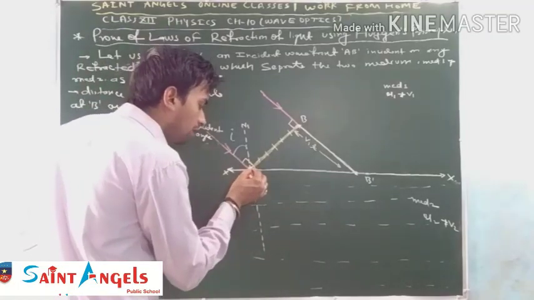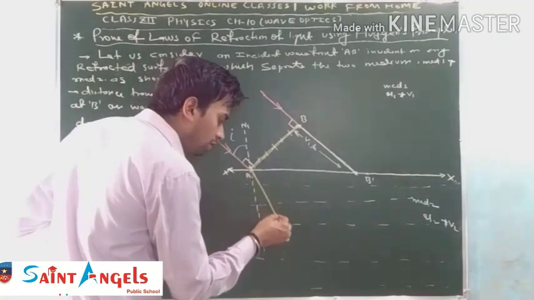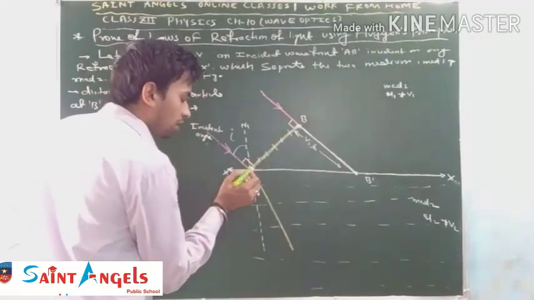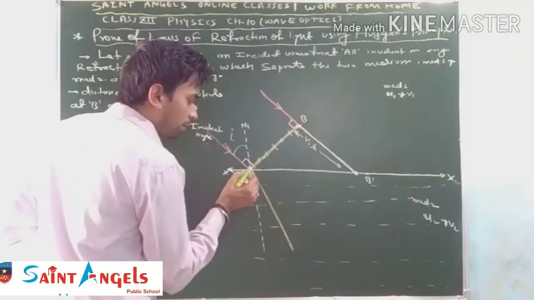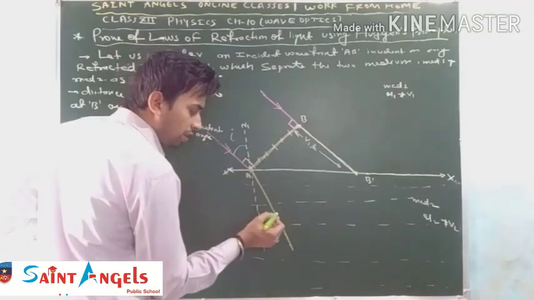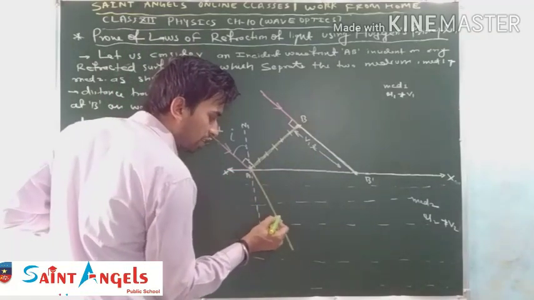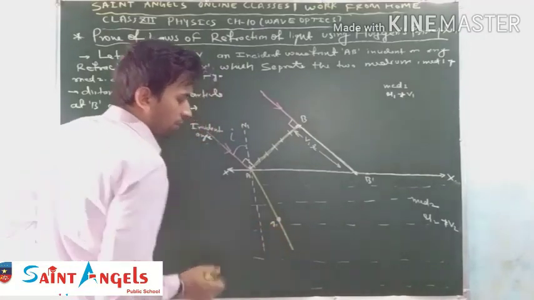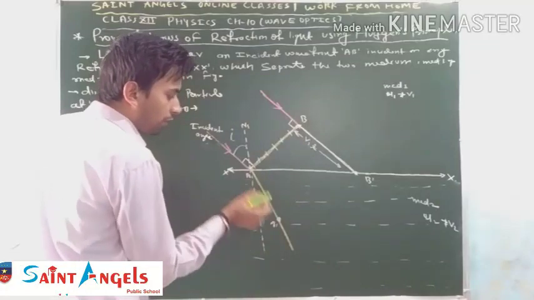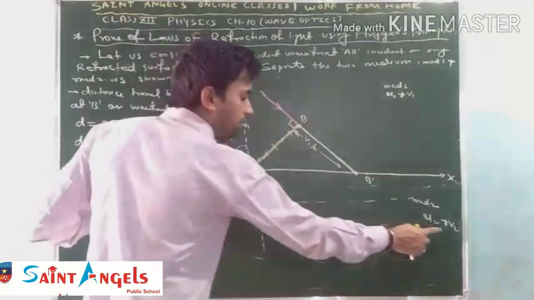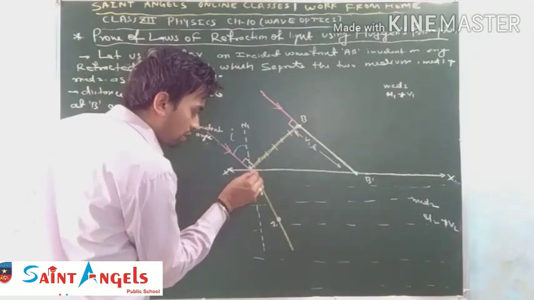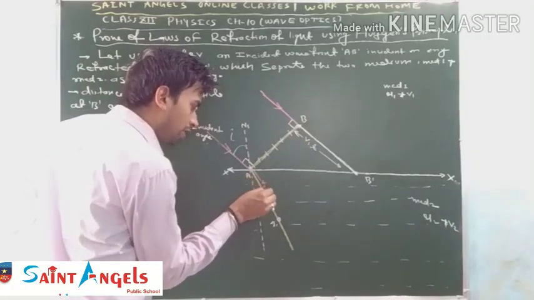So I consider it bends towards the normal, and in time t the particle at point A reaches point A dash by traveling distance v2 into t, because in this medium the speed of light is v2. So this distance is equal to v2 t.